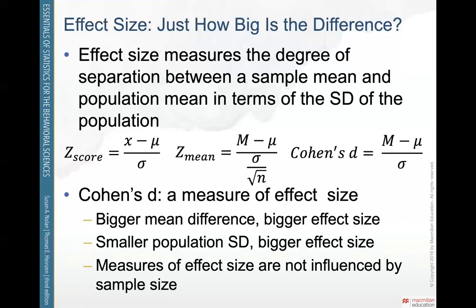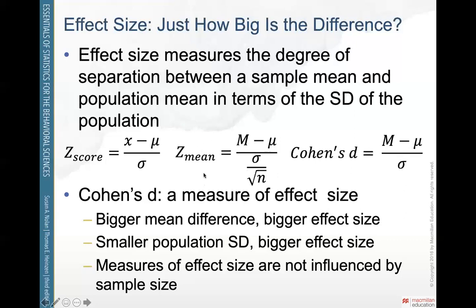Then you want to know how much area in the distribution is to the left of this mean. With a Z-score, you're just taking one score and might have a question about percentile or the amount of area to the right. For a Z-mean, you're taking multiple scores, adding them together, dividing by the number of scores, calculating an average, and you use this formula.